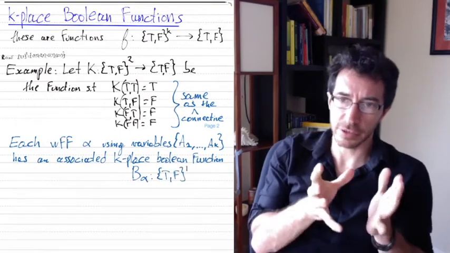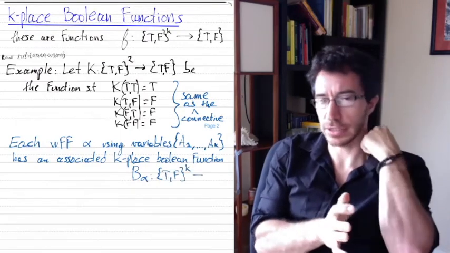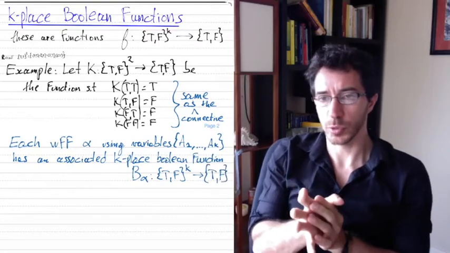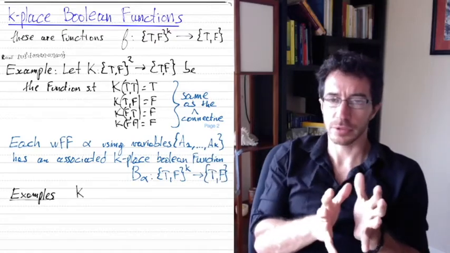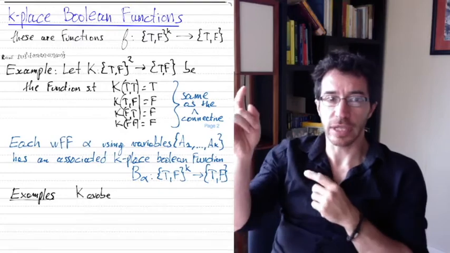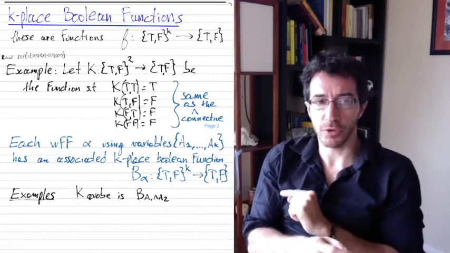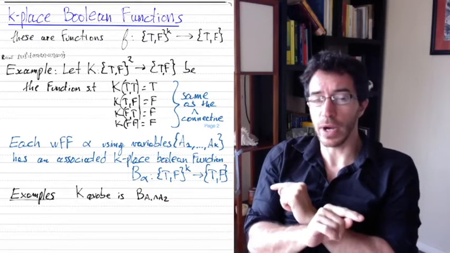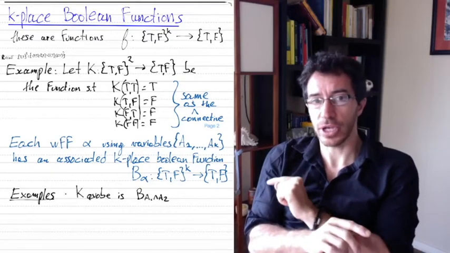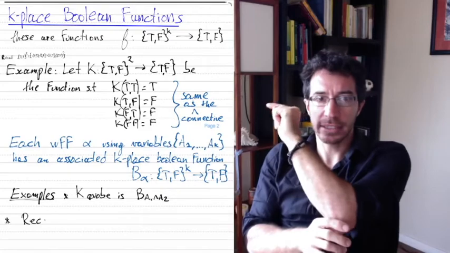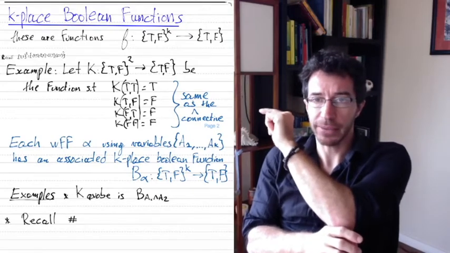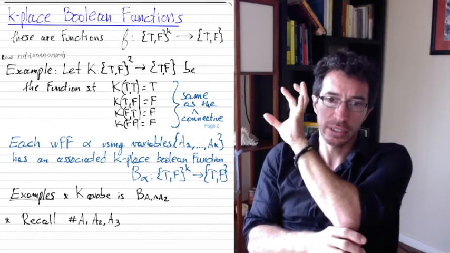And B sub alpha is going to be this k-place Boolean function that goes from k-tuples to true and false. For example, the k function that we defined right here is the one associated to the formula a1 and a2, right? So a1 and a2 has this function associated to it, B sub a1 and a2. It's true only with two trues.